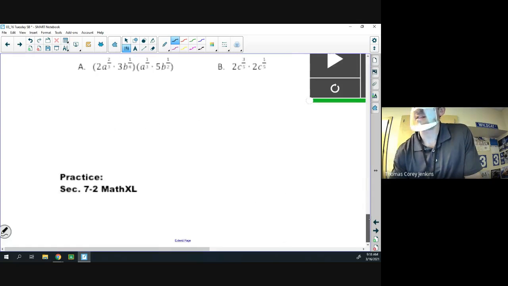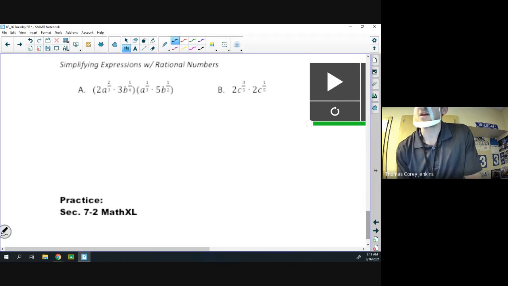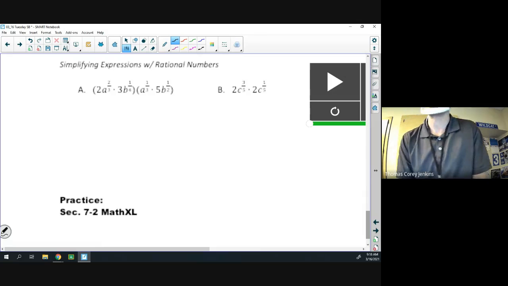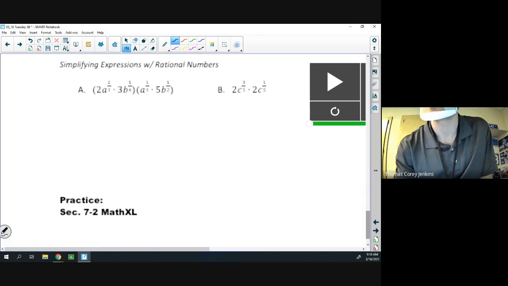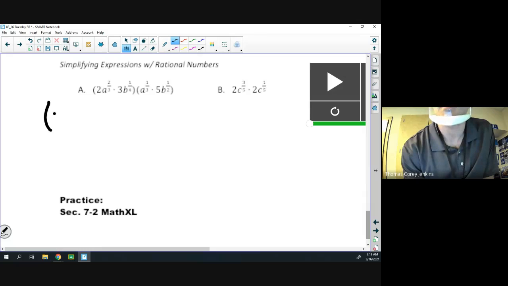These ones at the bottom are just like the ones we've done before, except they give you some fraction exponents. So here's where your TI-30 helps, so you don't have to get common denominators. You handle it the same way. Put your coefficients together: 2 times 3 times 5.